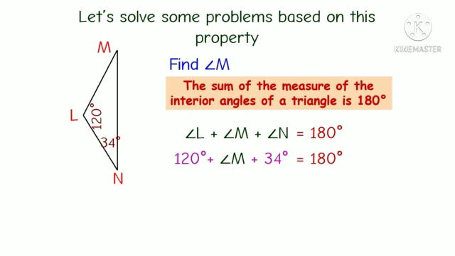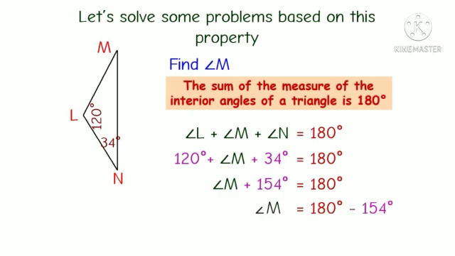So 120 degrees plus angle M plus 34 degrees is equal to 180 degrees. Angle M plus 154 degrees is equal to 180 degrees. Angle M is equal to 180 degrees minus 154 degrees. Therefore, angle M is equal to 26 degrees.